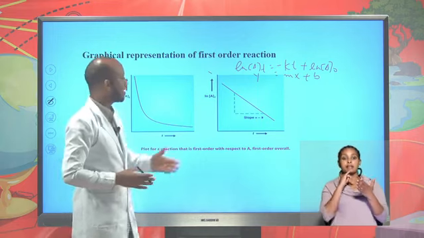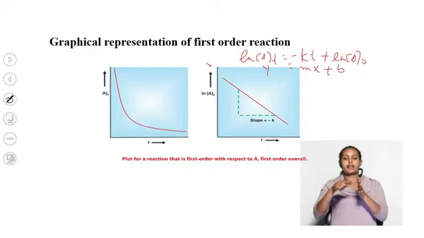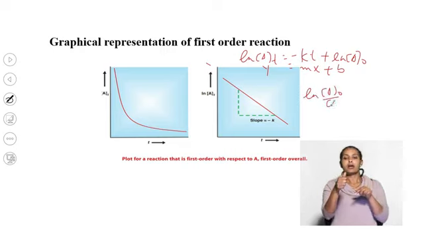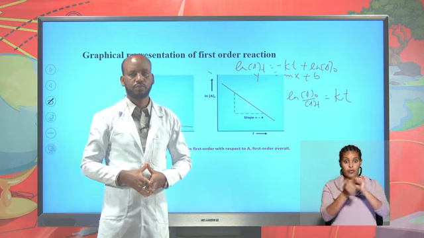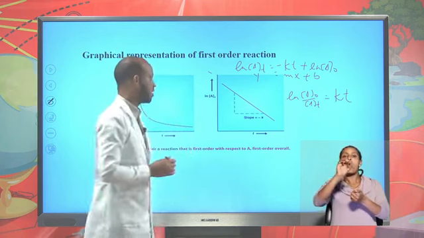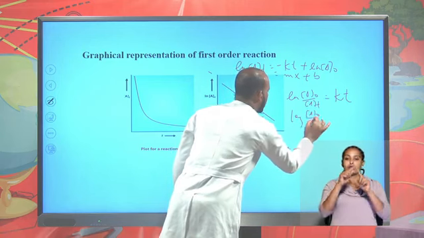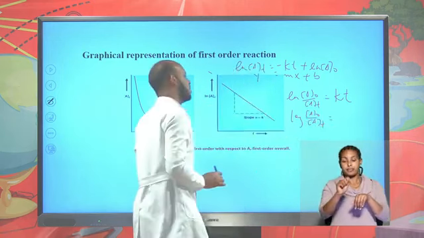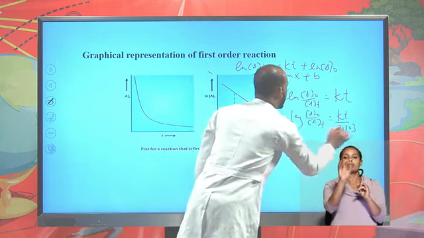You can write this as ln of concentration of A naught divided by concentration of A at any time t equals kt. Converting this into log to the base 10, log of A naught divided by A at any time t equals kt divided by 2.303.